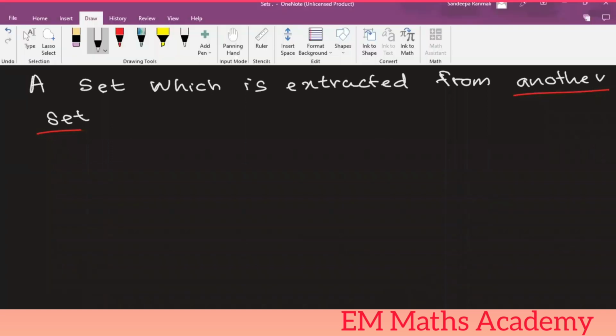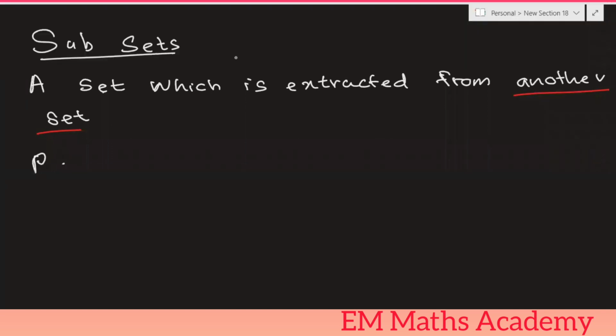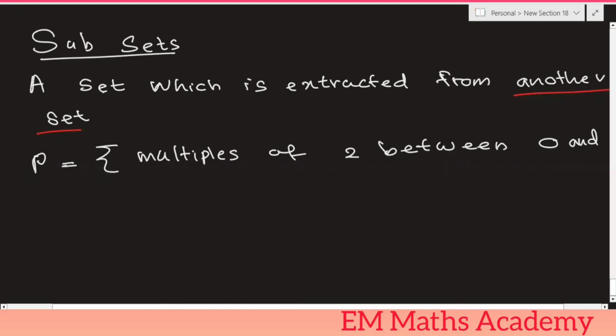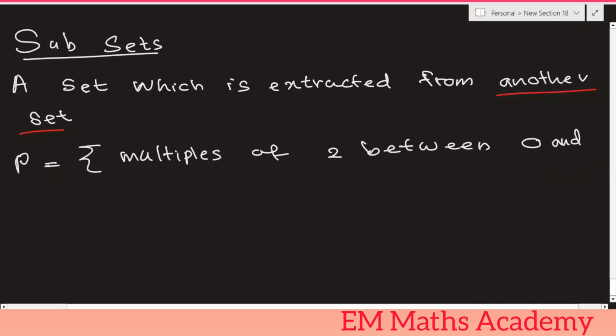Suppose P is the multiples of 2 between 0 and 10. Using the listing elements method, P can be written as 2, 4, 6, 8.